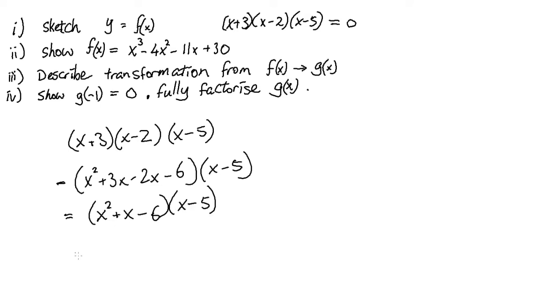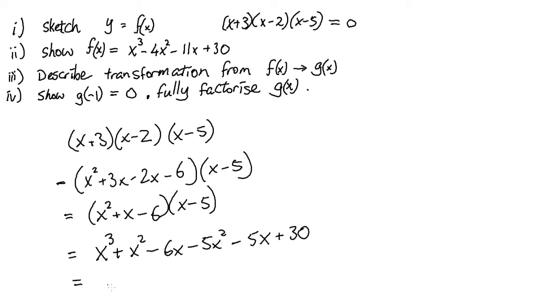Then you just multiply everything out using the claw method or whatever you want, to get x cubed plus x squared minus 6x minus 5x squared minus 5x and plus 30.